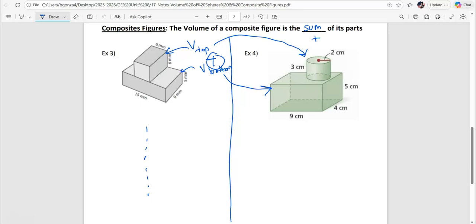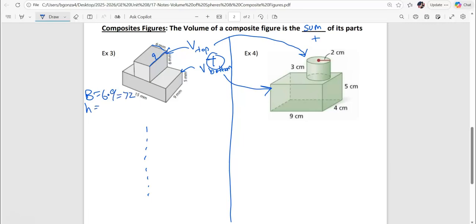Now, let's find the volume of the top. This top shape is called a prism, right? And to get the prism, you need the big B and the H. So how do I find the area of the base if it's a 6 by 9? What do I do with 6 and 9 to get the big B? Multiply. 6 times 9 is 72.